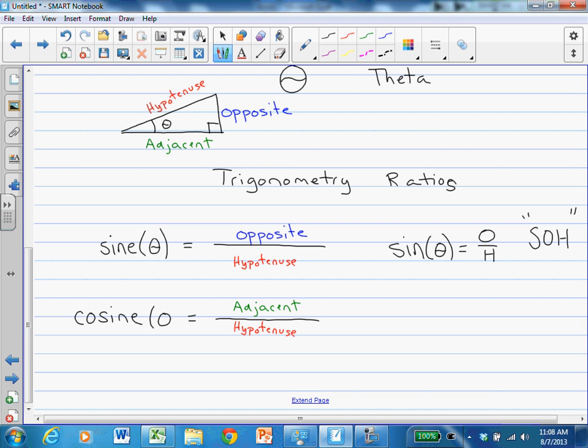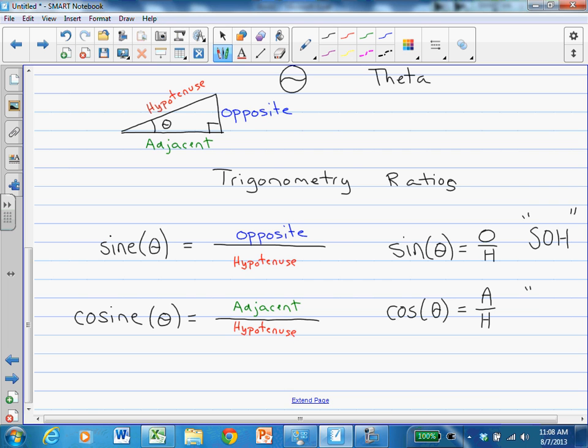The cosine of theta is just the ratio of the adjacent to the hypotenuse. The side lengths might change, but the ratios for that specific angle in a right triangle will stay the same. We write it as cos theta, still pronounced cosine theta, but when we write it, we shorten it, and it's A over H, CAH.